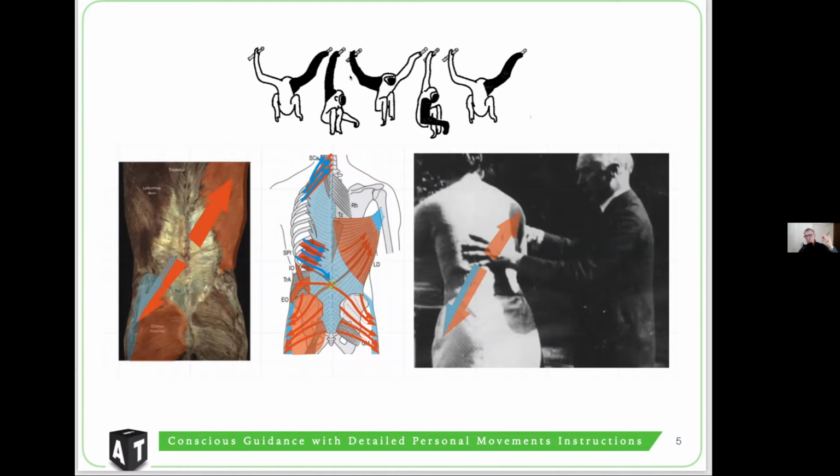The movement downwards is powered by the greatest muscle of the back, the Latissimus Dorsi. And in this way, the Latissimus Dorsi is pulling the middle spring of the back, the thoracolumbar fascia, the enormous fascia of the back. It's in fact stretching it.